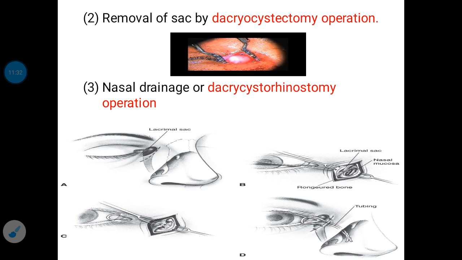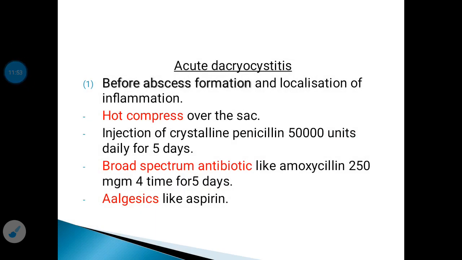The third option for treatment is nasal drainage or dacryocystorhinostomy operation. In this operation, the medial wall of the sac is anastomosed with the mucous membrane of the middle meatus of the nose. If successful, the condition is cured and there is neither epiphora nor regurgitation.